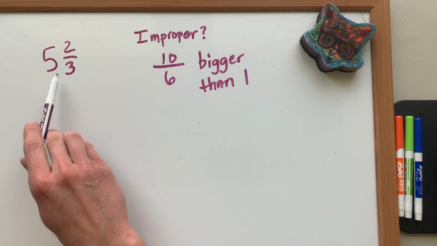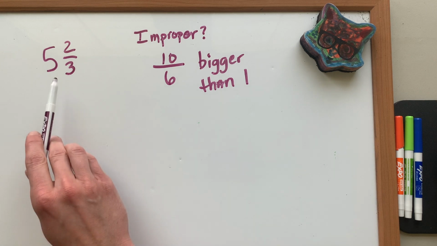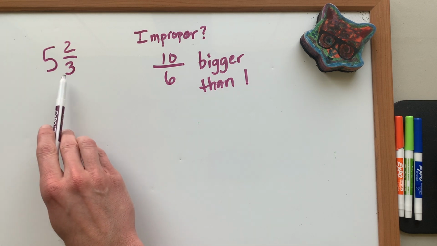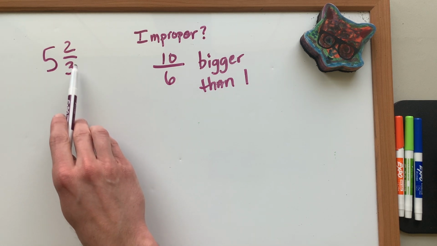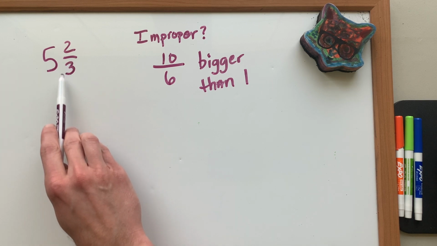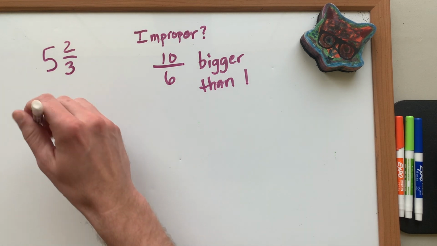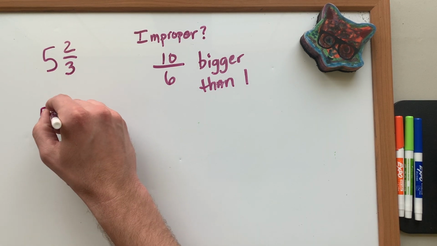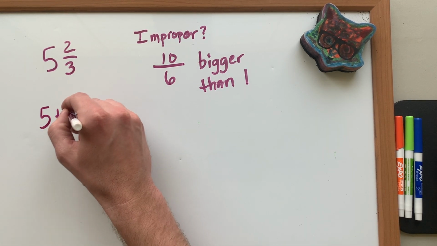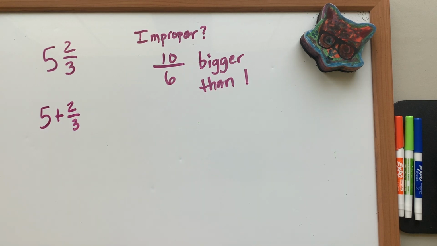There's a quick method that I'll show you at the end, but for right now, let's talk about what we're actually trying to do. See how I have a denominator of 3 in my fraction part? Let's keep that 3, and let's look at the fact that a mixed number can be written like this: 5 plus 2/3.